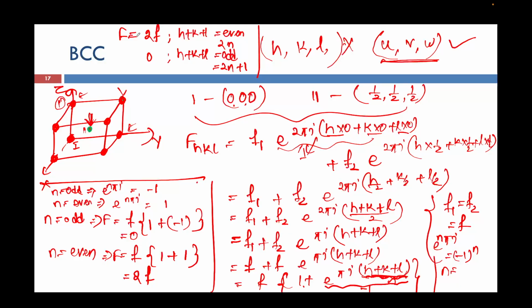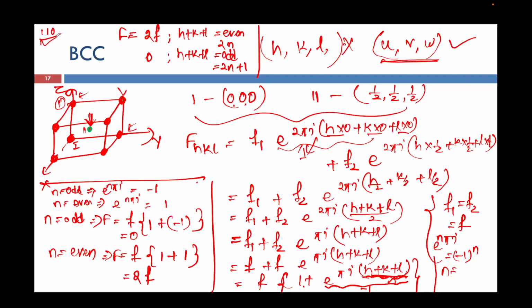And 2F means the amplitude, the scattering amplitude you are getting from your atom or from that particular plane, so there would be some intensity from that amplitude, and 0 means you are not getting any intensity from that plane, right? So this is the reason, in hkl, when you are talking about a plane of 1, 1, 0, h plus k plus l is even, so this plane will be coming in your diffraction pattern.